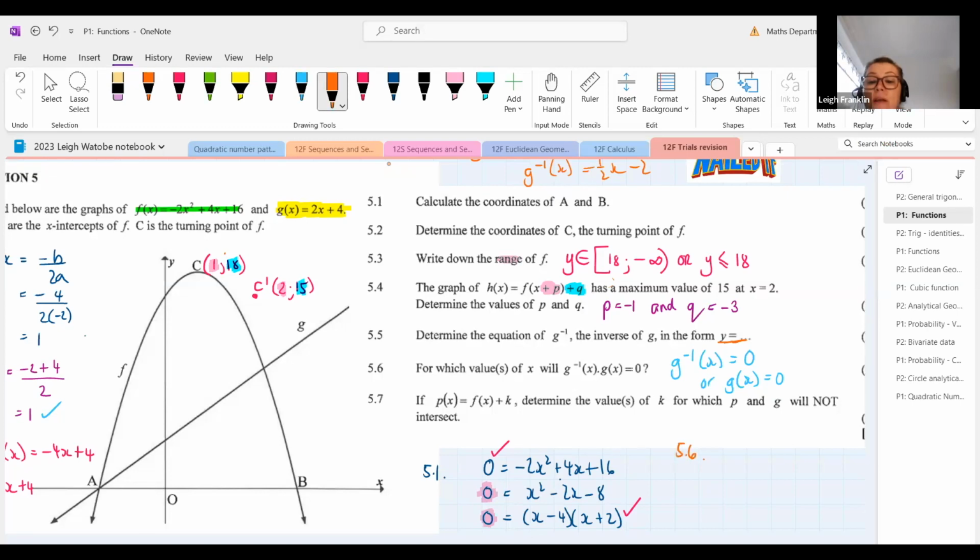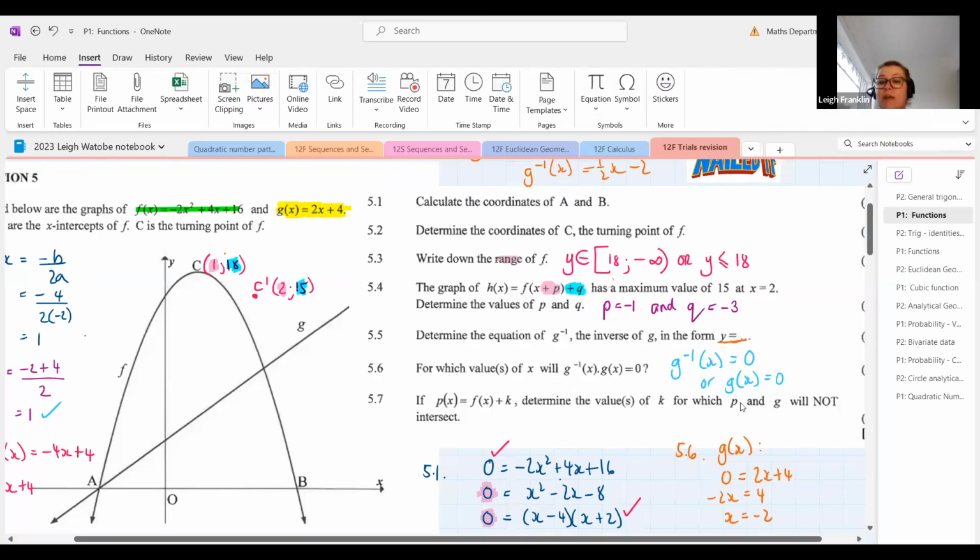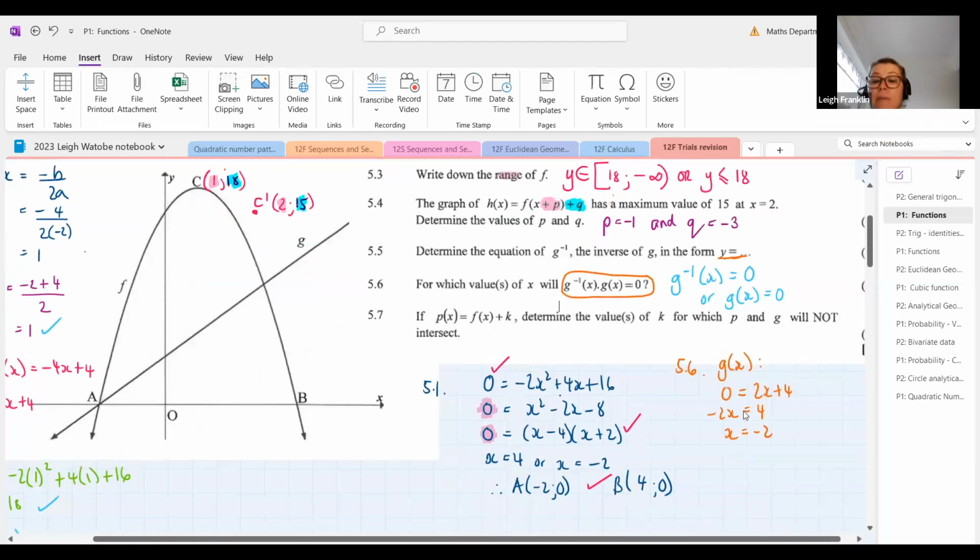So in 5.6, the x-intercept of g of x, first of all, making y equal to 0, we've got 2x plus 4, so that'll be minus 2x equals 4, so x would be equal to negative 2. So if x was equal to negative 2, then the value of this will be 0. Or the other place is where this graph is equal to 0.